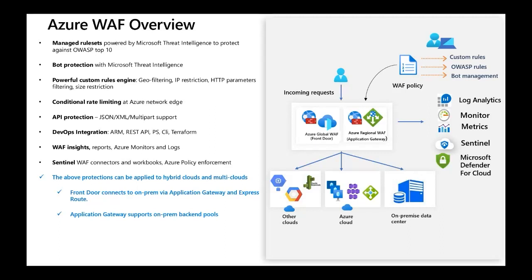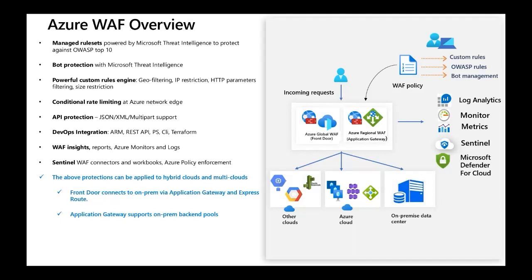And of course, you're able to view the web application firewall logs through the Front Door or through the Application Gateway. So this enables you to have visibility on what is happening within your web application firewall traffic logs. Finally, we also have Sentinel WAF connectors and workbooks.